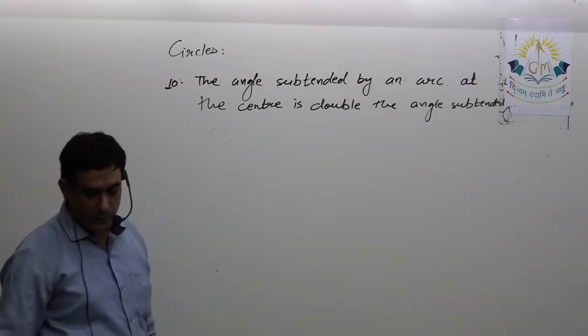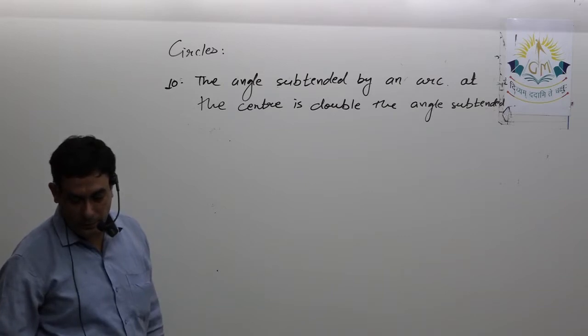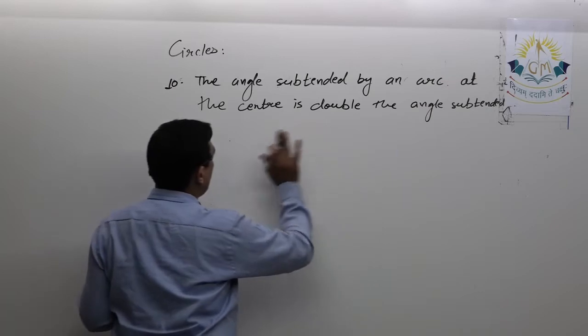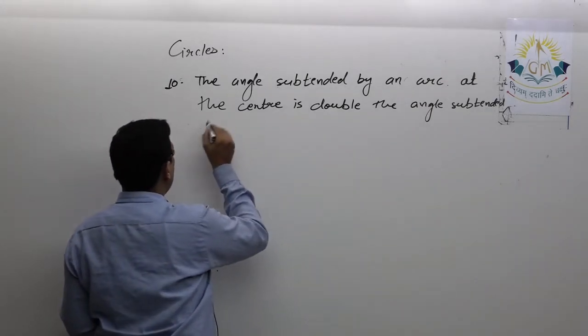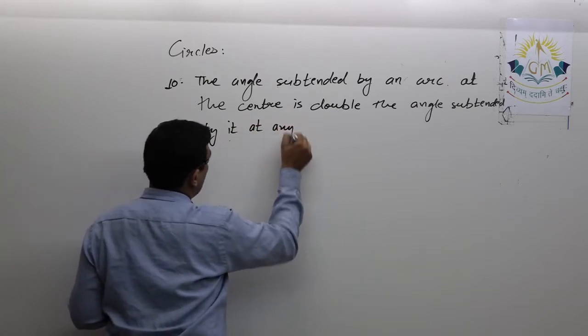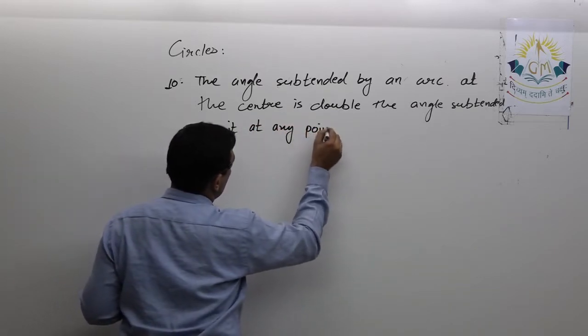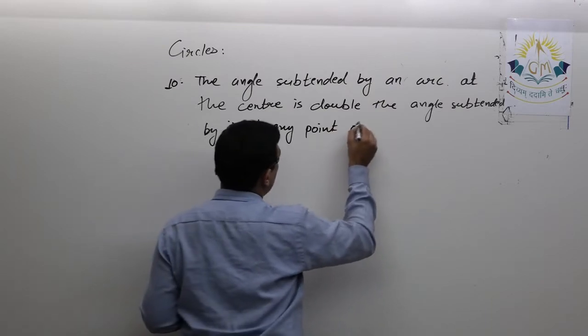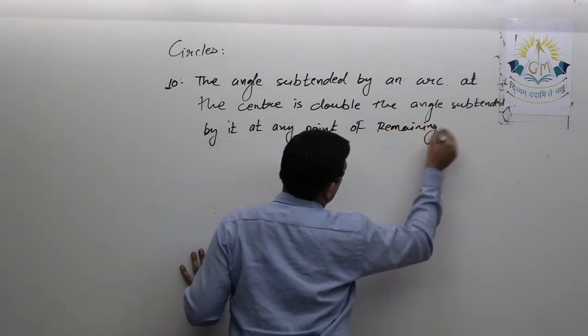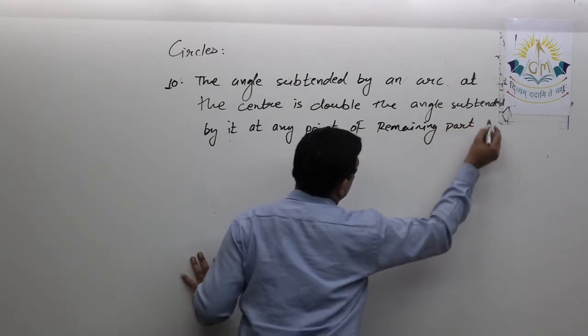The angle subtended by an arc at the center is double the angle subtended by it at any point of the remaining part of the circle.